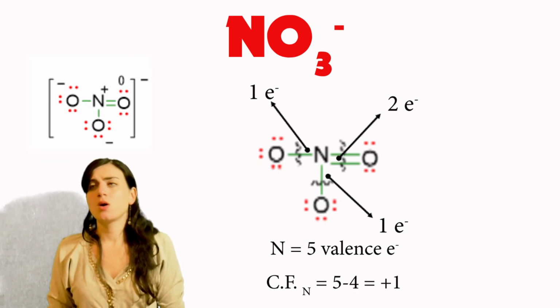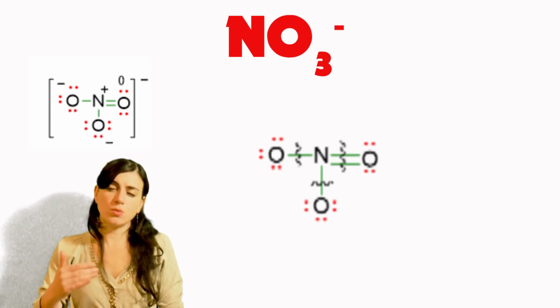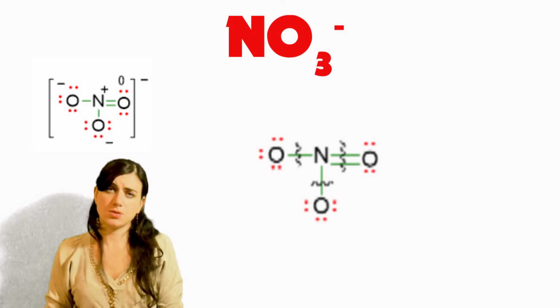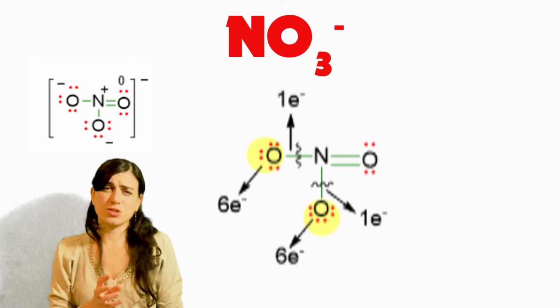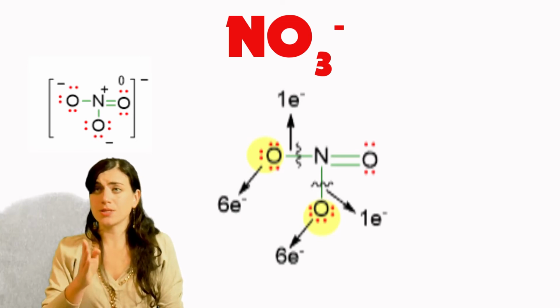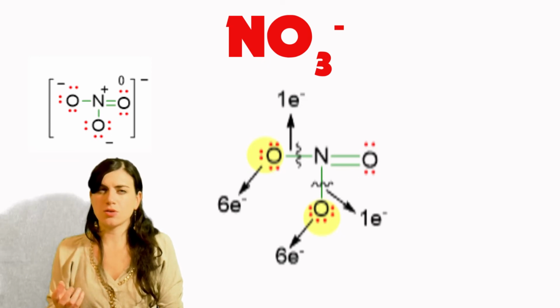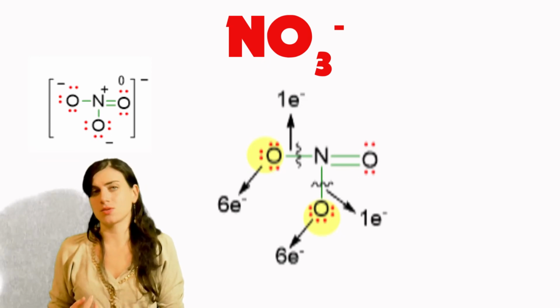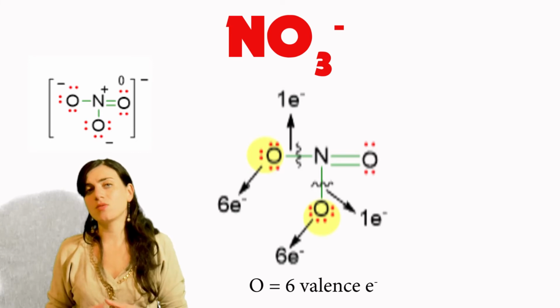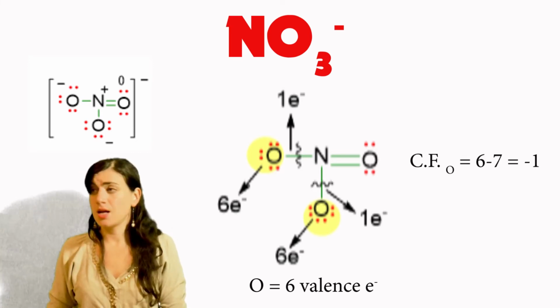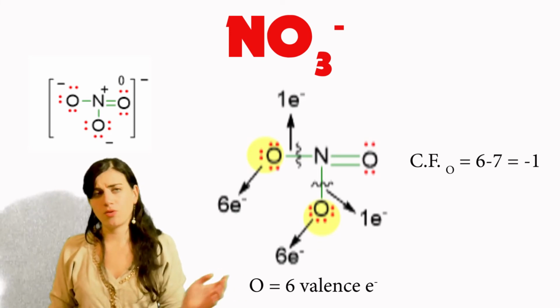Let's repeat this with oxygen. Oxygen with one single bond. It will have around it, as you can see, 6 electrons from the lone pair plus 1 electron from the divided bond. So this oxygen has 7 electrons around it. But the valence of oxygen is 6. So just do 6 minus 7, it's minus 1, as before.